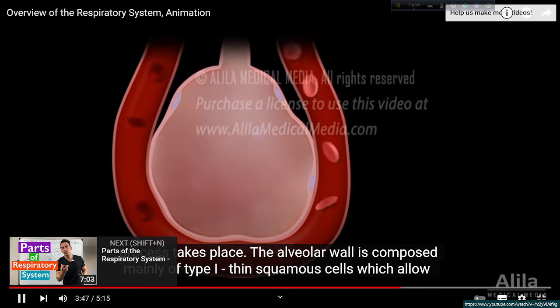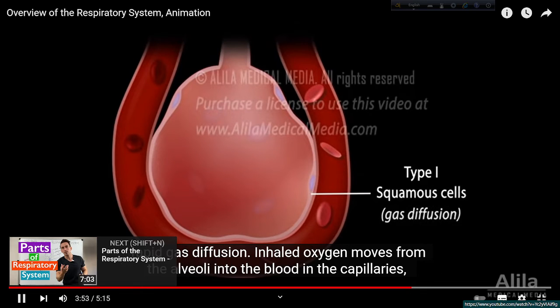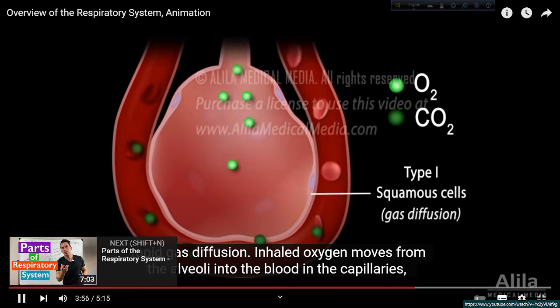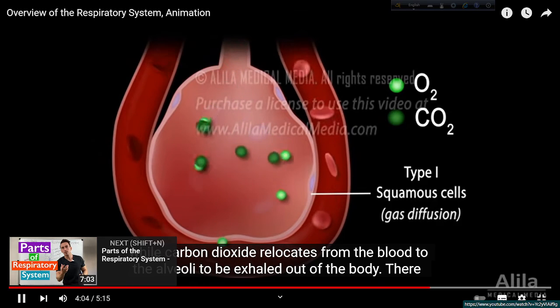The alveolar wall is composed mainly of type 1 thin squamous cells, which allow rapid gas diffusion. Inhaled oxygen moves from the alveoli into the blood in the capillaries, while carbon dioxide relocates from the blood to the alveoli to be exhaled out of the body.